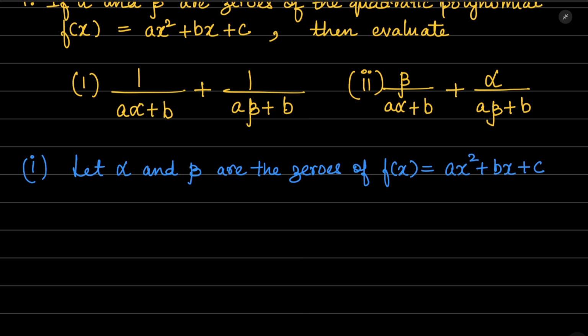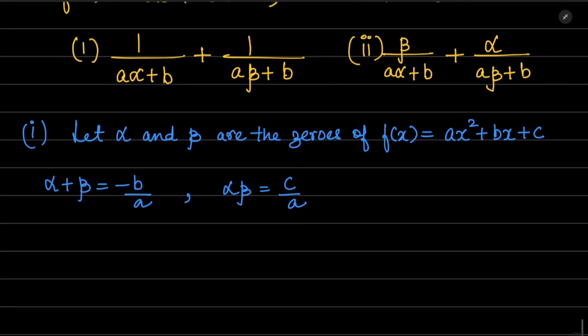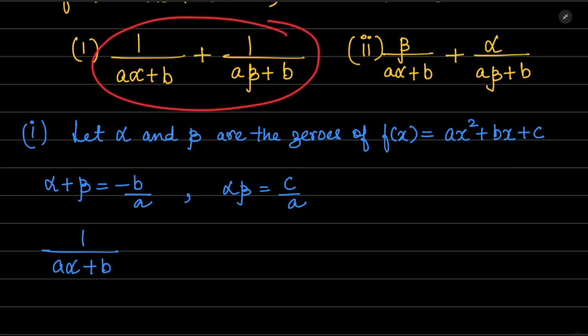Okay, so the minute you have your quadratic polynomial, get the sum of the zeros, alpha plus beta equal to minus b by a. Absolutely no change in it. And alpha beta, the product of the zeros, is equal to c by a. Okay, now what you are asked is, write the question as it is, 1 divided by a alpha plus b. I'm just writing the given question. This is the first question and then we will solve the second one.